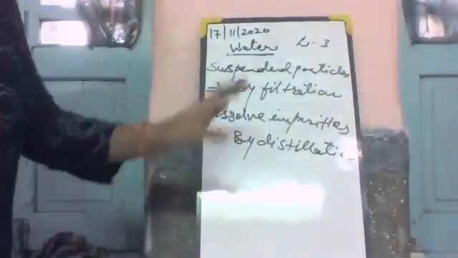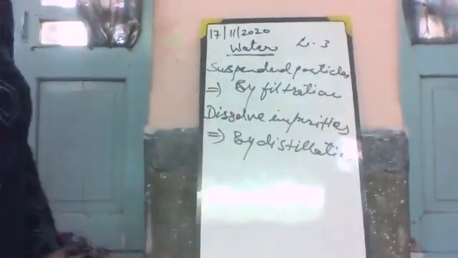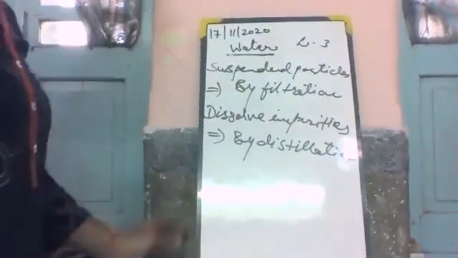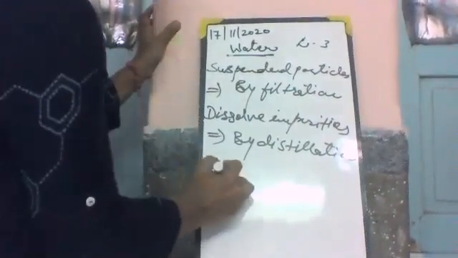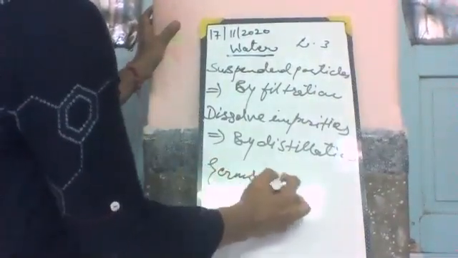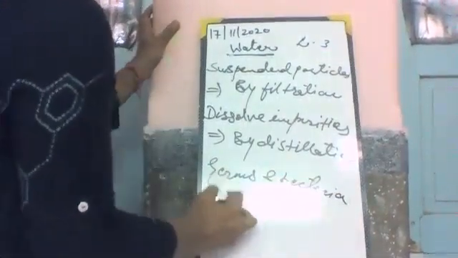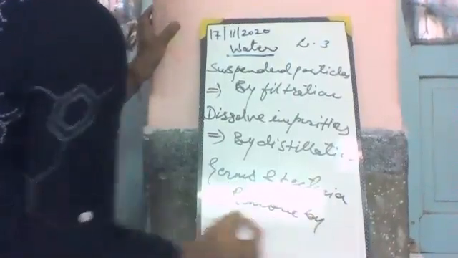Distillation is a method to remove all dissolved impurities from the water. If any germs and bacteria are present in the water, they are removed by adding chlorine.